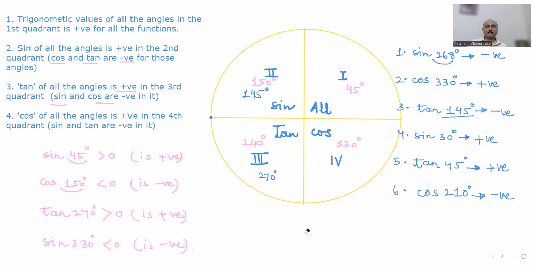So this is it. I hope all of you have noted this slide. So we are now aware of the nature of the values, right? Now there is the last piece of information. The value of sine theta, for any angle you take, always lies between +1 and -1, right?